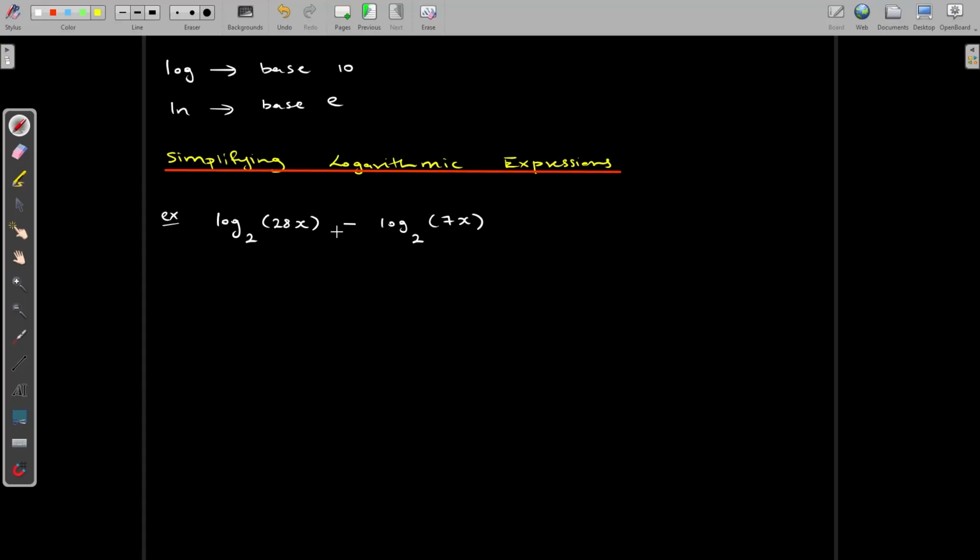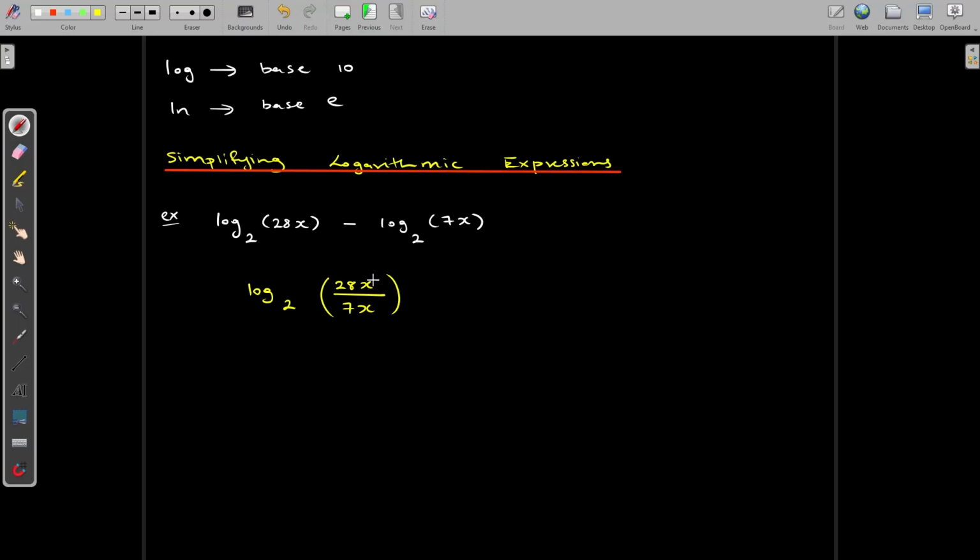So we're subtracting logs here, so we can treat this as division of the numbers. So whatever is at the front will be treated as our numerator. So now we can write this as log base 2 of 28x divided by 7x.